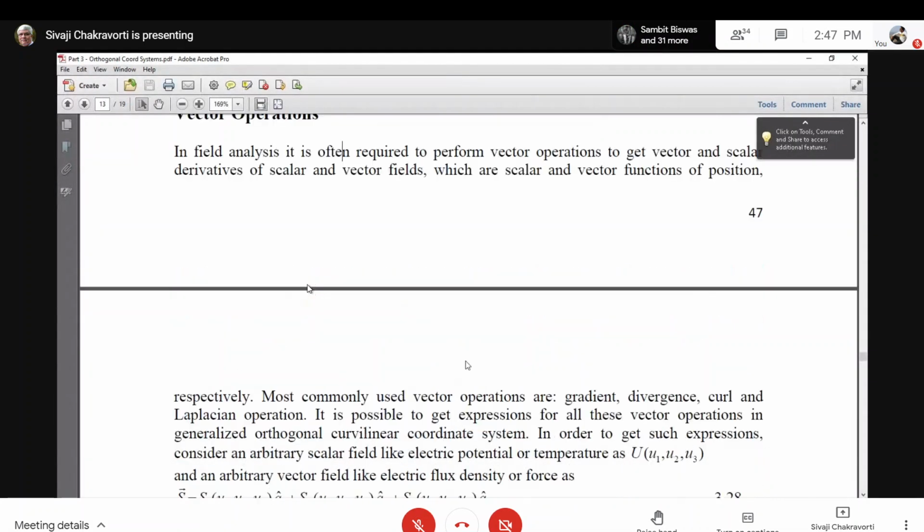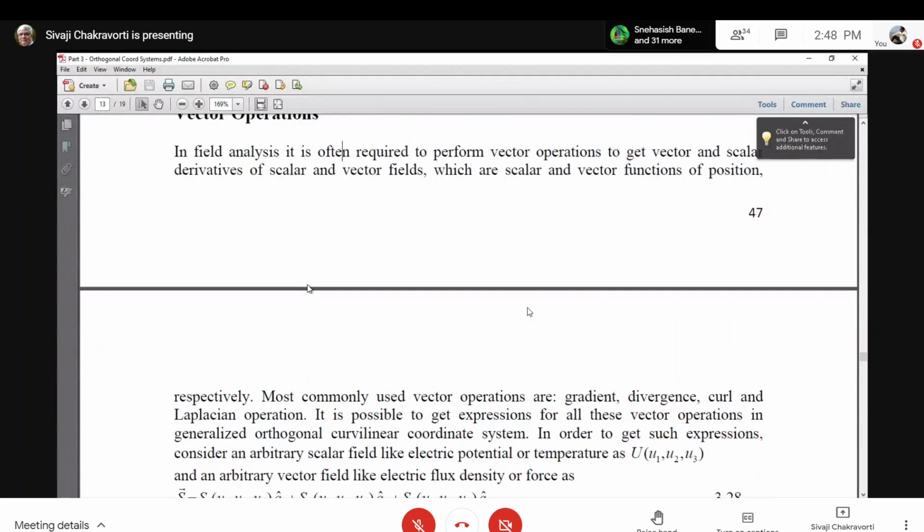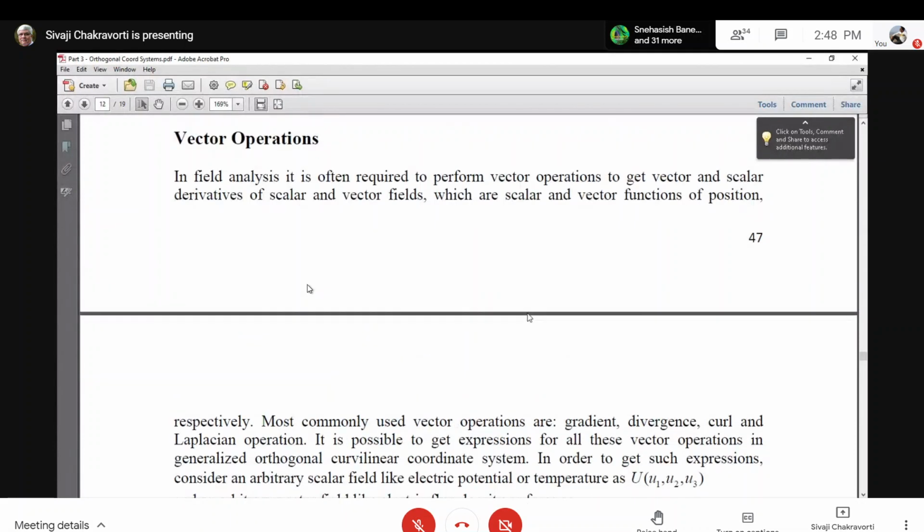In field analysis, we have vector quantities as well as scalar quantities, and both are scalar and vector functions of position. That means as you vary the location, the functions change.